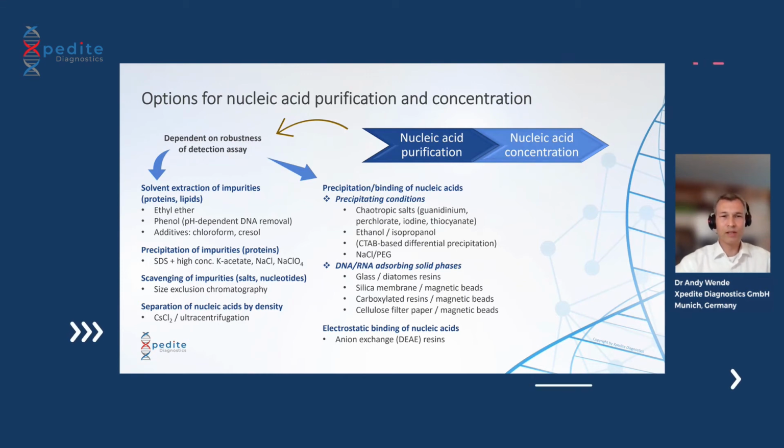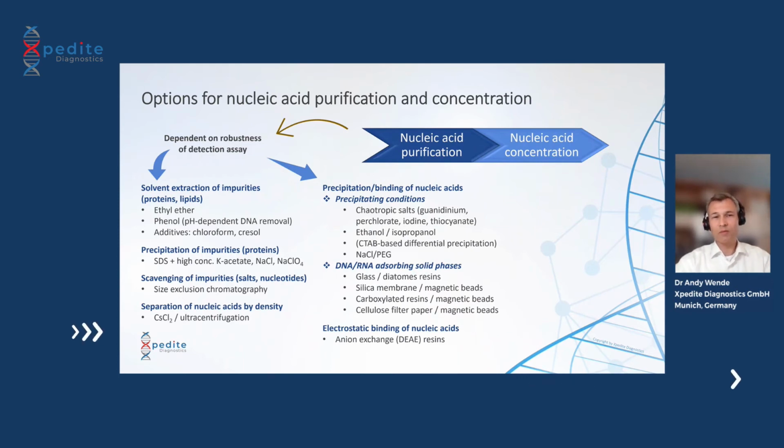Very similar are silica membranes or silica coated magnetic beads. They are used if you provide the precipitation through chaotropic salts and ethanol, for example. But there are also other supports like carboxylated resins or carboxylated magnetic beads, which can be used if you precipitate your nucleic acids through the addition of sodium chloride and PEG.